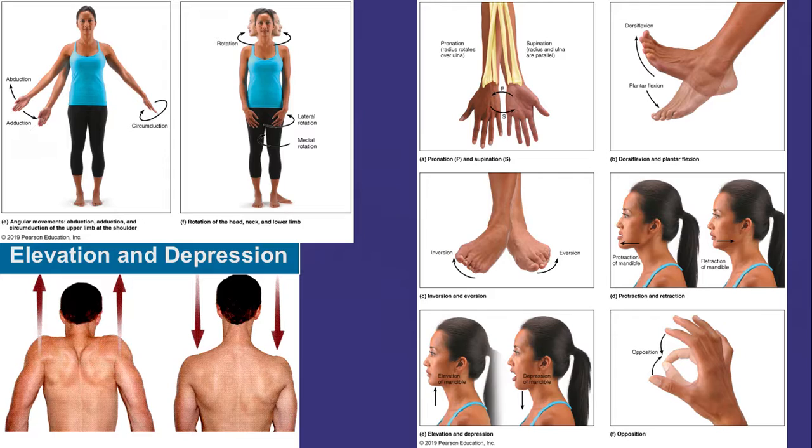Okay, abduction and adduction. What do you think of when you hear the word abducted? Taken away by the aliens. Where are the aliens? Up in the sky. Okay, so abduction is going away from your center line. So abducting your arms. What about abducting your legs? Let's abduct our arms and legs at the same time. Okay?